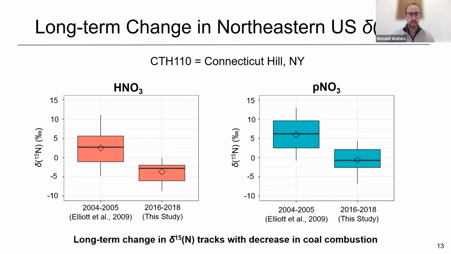And thus, I think long-term evaluation of the delta 15N values at deposition sites, including NADP and CASTNET sites, could be extremely useful for evaluating responses of emission reductions on deposition. And I would argue that establishing long-term records of isotope values at our deposition networks could be really useful for evaluating responses and emission reductions at a source level.